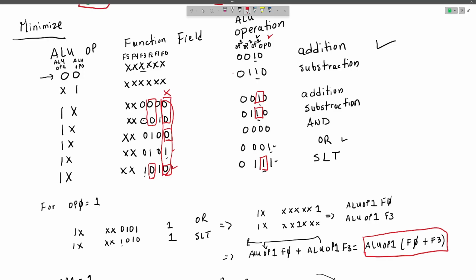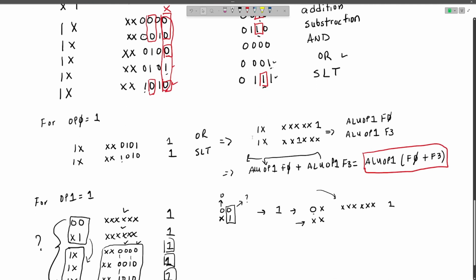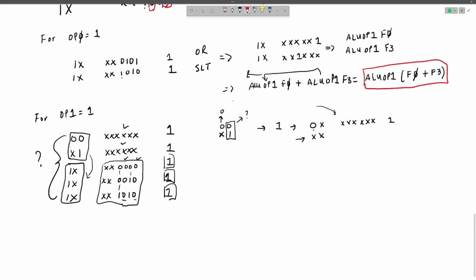So that means that for the second one, we can say we only care about the second bit. So 0, 1, 2. So don't care about those ones.